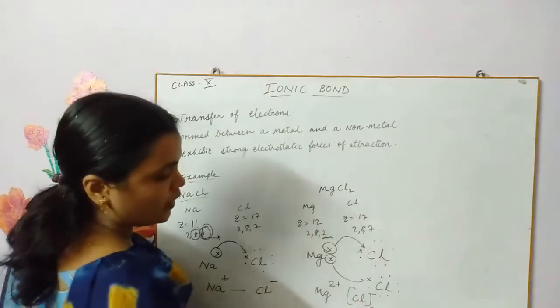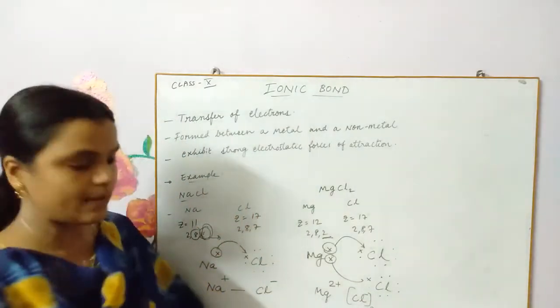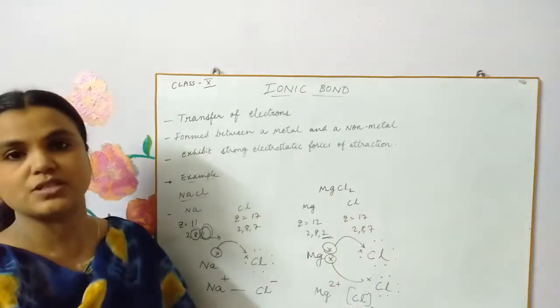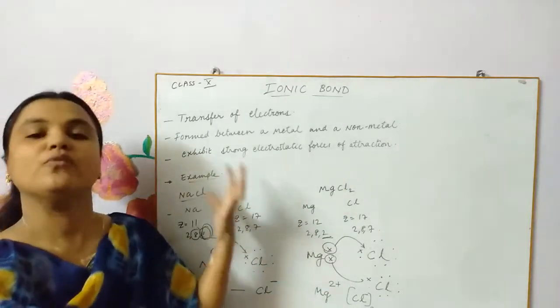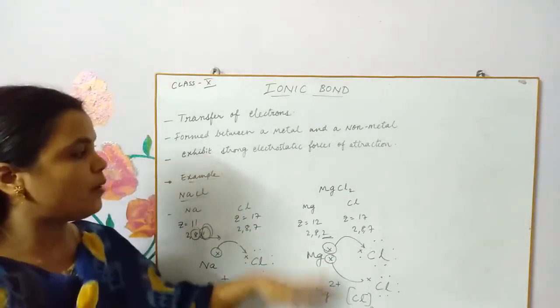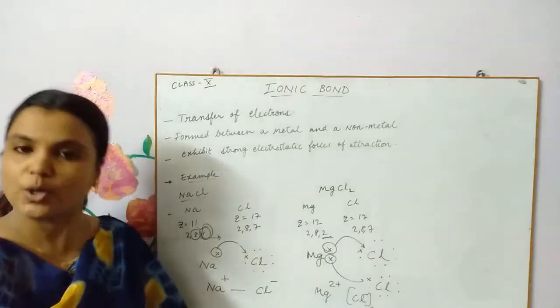I can put it like this, Cl minus whole power 2. That means 2 chlorine atoms are present with 2 negative charges and Mg with 2 positive charges. They will again have strong forces of attraction between them, which holds the atoms together, forming a strong molecule. MgCl2 is another example of an ionic compound.